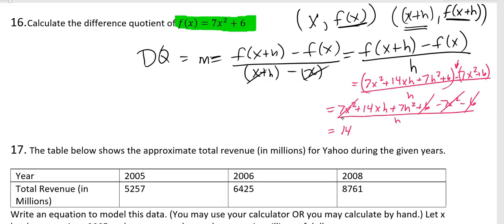That will leave me 14xh plus 7h squared all over h. But you're not done yet. Make sure you factor out the h, and you're left with 14x plus 7h, okay, over h, and your h's will cancel out, and you'll be left with 14x plus 7h. So your answer is 14x plus 7h.